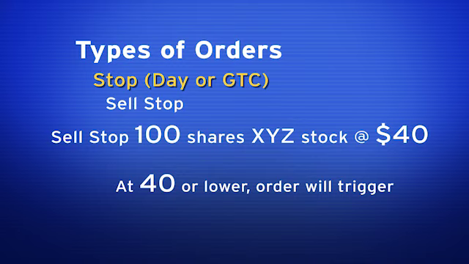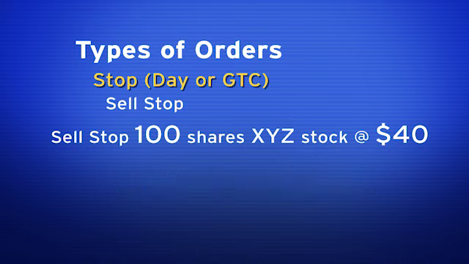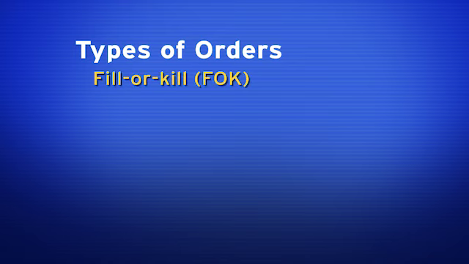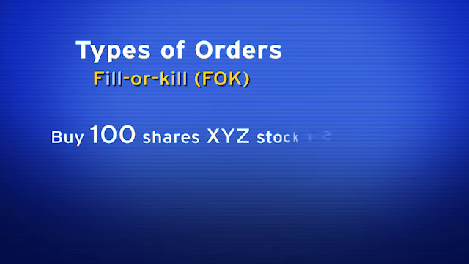Now let's take a look at some specialty orders. The next order we want to look at is the fill or kill order. Probably see that on the test as FOK. So I enter a fill or kill order to buy 100 shares of ABC stock at 25.